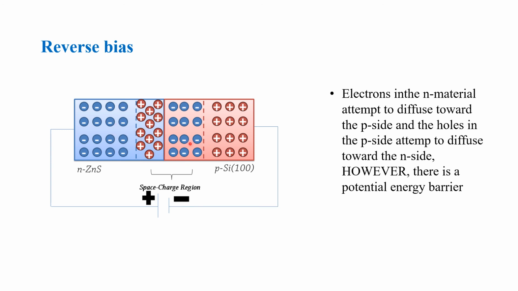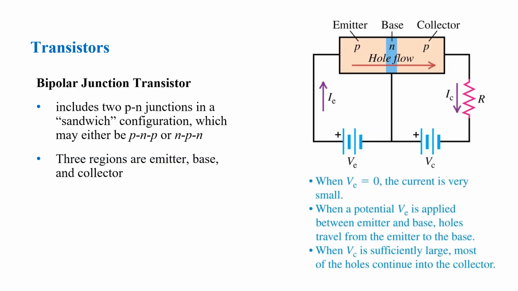This is the reason why in your current-voltage graph, in the reverse bias, there's almost no current flowing in your PN junction because of this large depletion region here. So much for your PN junctions.